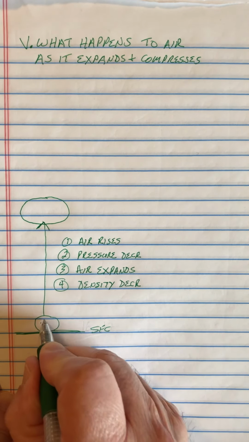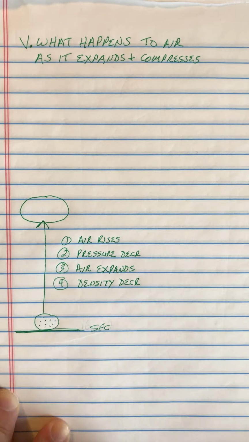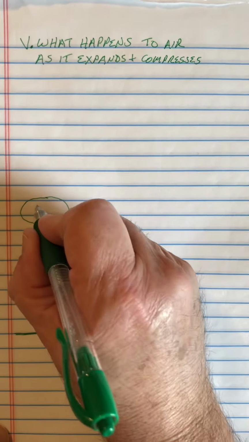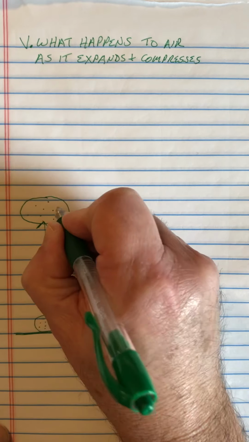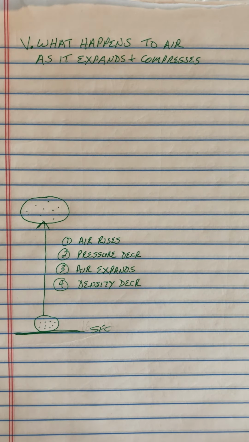Because here, for example, let's say that this air parcel has 10 air molecules in it. It will still have 10 air molecules in here. Density, in this case, is the number or the mass of air molecules per volume.